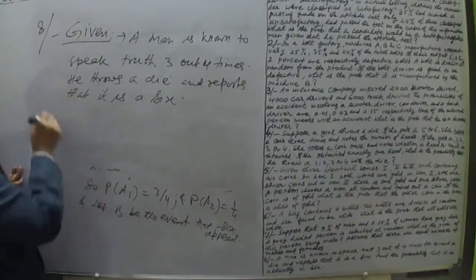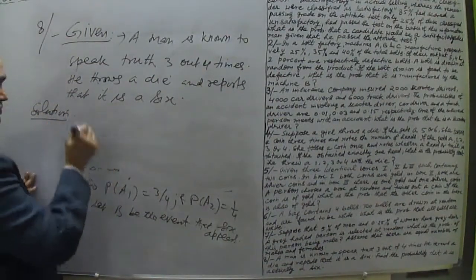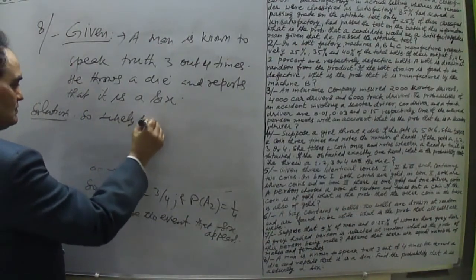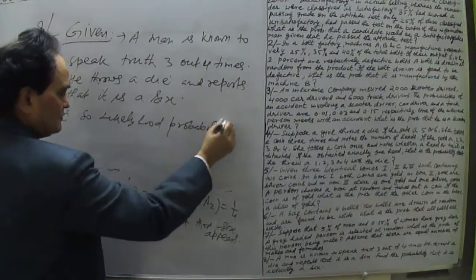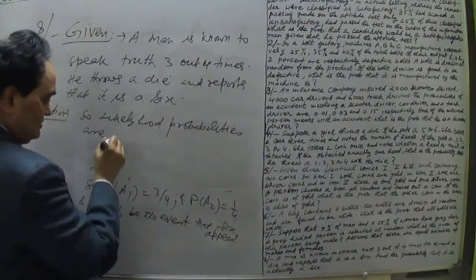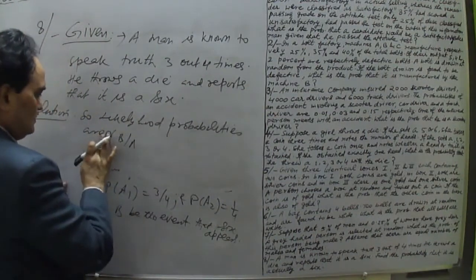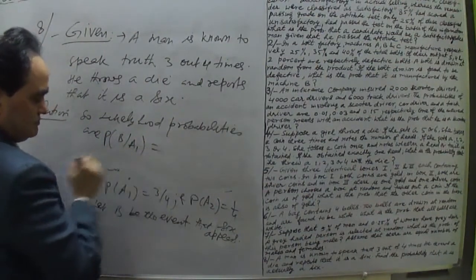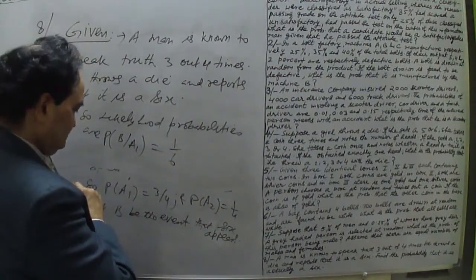So here what is given to us? We are finding the solution. What are the likelihood probabilities? The probability of B given A1, that he speaks the truth and 6 appears, is 1/6.